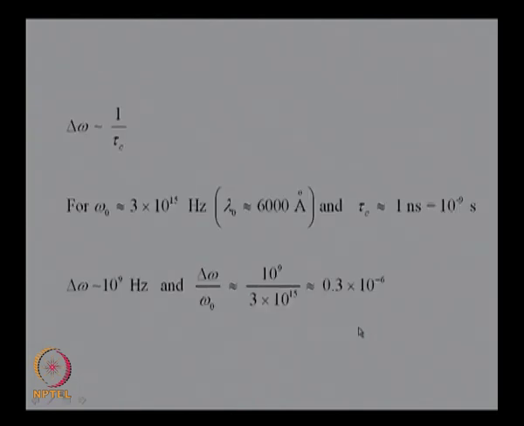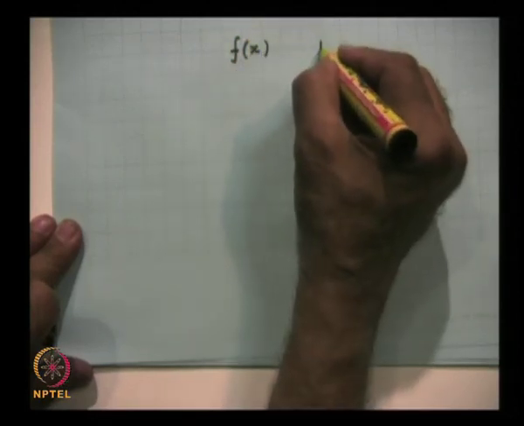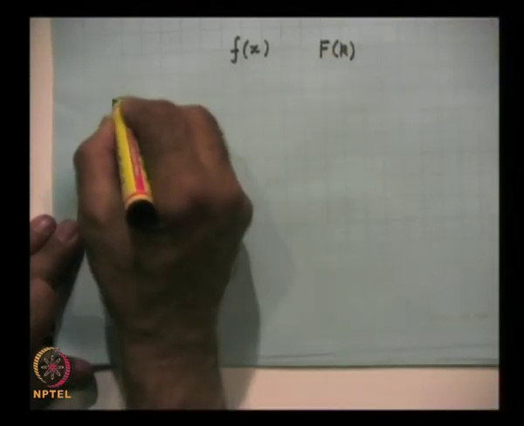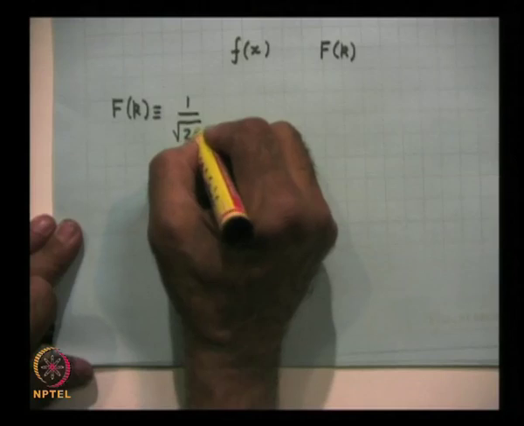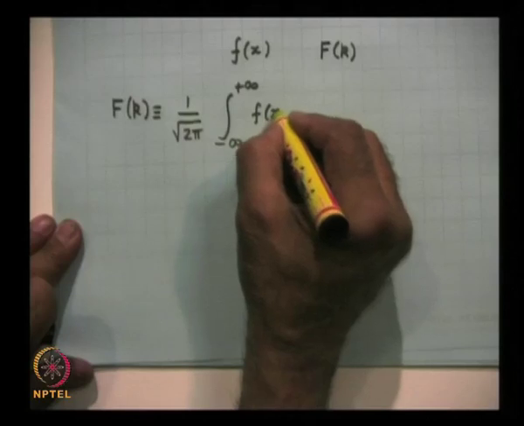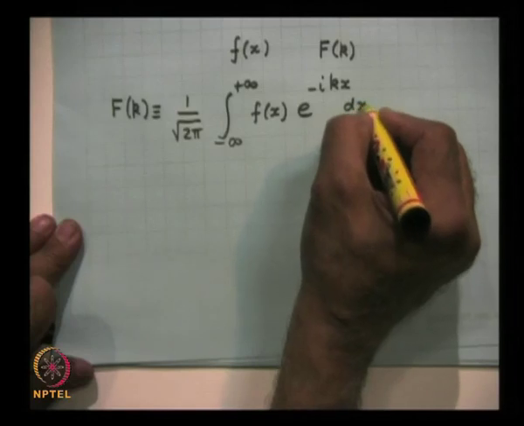Now, I summarize this part of the lecture by saying that if I have any time dependent function or a space dependent function, so I have f of x, I write its Fourier transform as F of k, and I define this as equal to 1 over root 2 pi, integral from minus infinity to plus infinity of f of x e to the power of minus i k x dx.